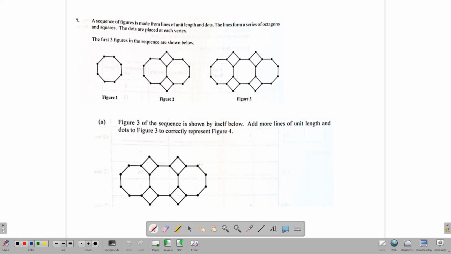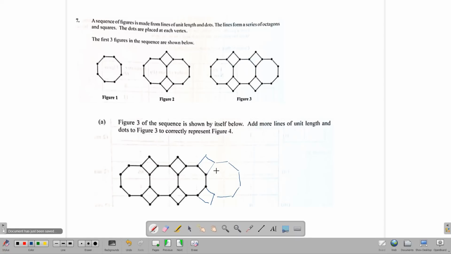So we're going to add the other piece here like that. And of course, then fill in the rest of it. So we have 1, 2, 3, 4, 5, 6, 7, 8. So it's something like that.